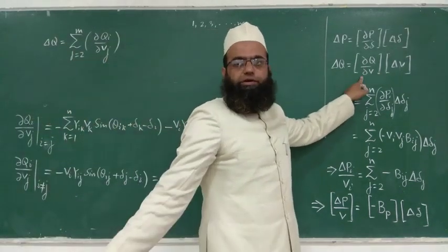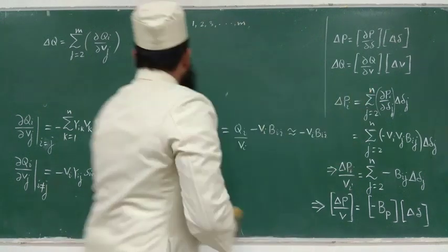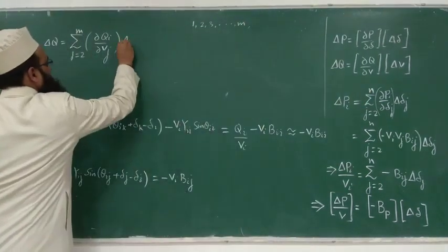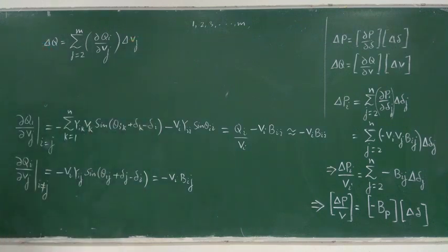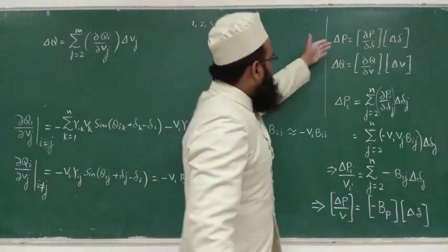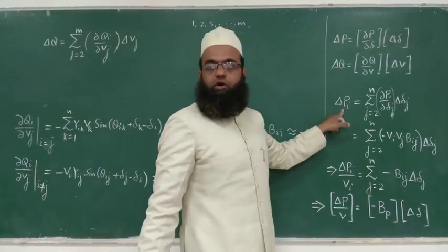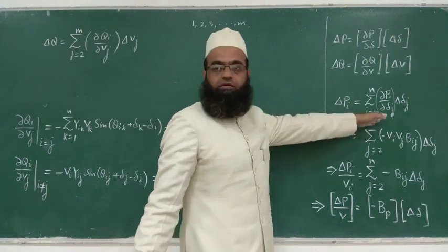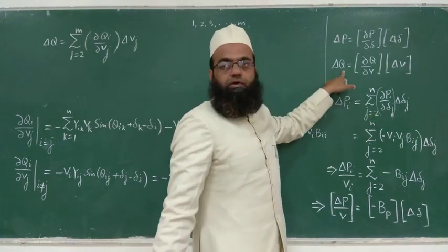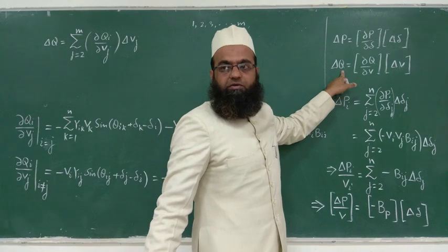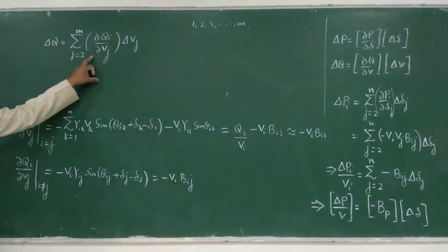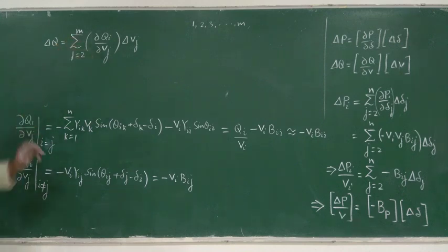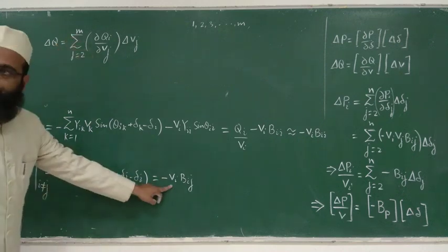Del Qi we have seen yesterday in the previous class. For the ith PQ bus, we may write similar to that. For the ith PQ or PV bus, we have written del Pi is this. So similarly, from this relation, we may write for the ith PQ bus. Is it not?